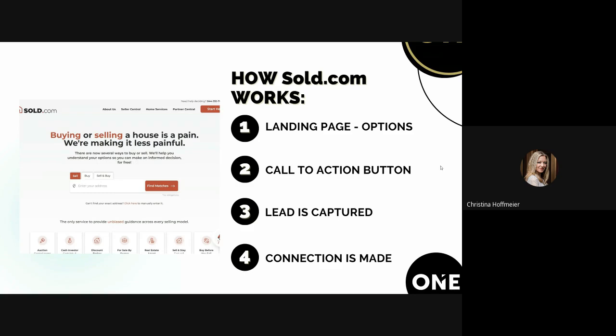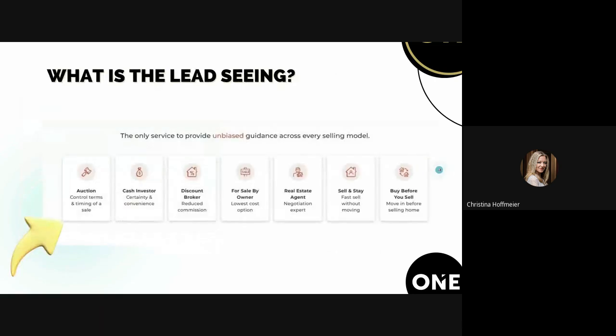It says, hey, we have a brokerage that can help you, that is educated on helping you find options for selling your home, whatever that may be. So they get our information and then we get their information. But again, even if they don't hit submit, the minute they put in their address or their name or anything, it lead captures the information that they were provided and it sends it to us anyway. I'm going to go over a little bit of that later in the slides.